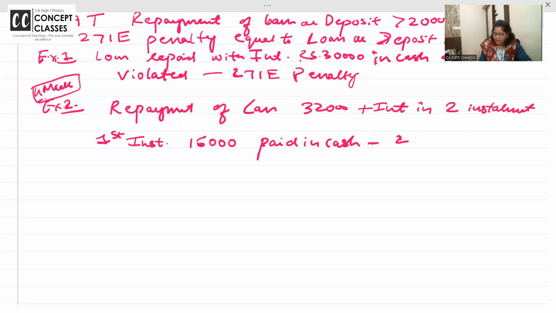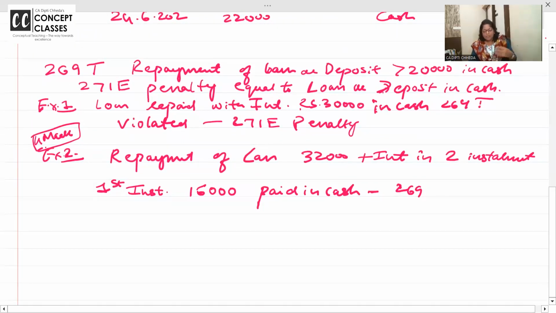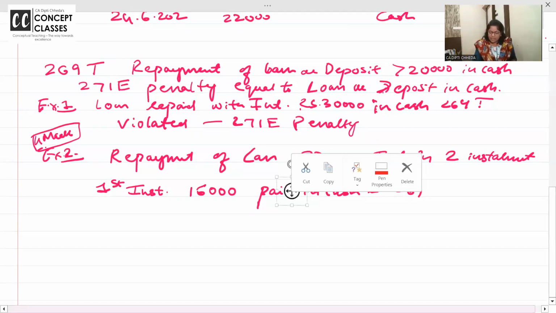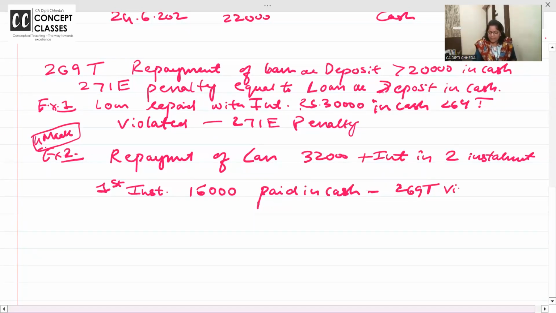Is 269T violated or not? Can any one of you answer? 16,000 rupees were repaid in cash. They didn't give 20,000 in cash or the full 30 like above, but they gave part, 16,000, in cash. 269T violated. The answer is yes.